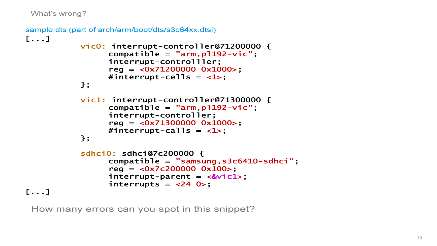Here I have prepared a sample device tree source snippet with a device tree representation of a few device nodes. There are a few errors injected in these snippets. Could you tell me how many errors you can spot there?